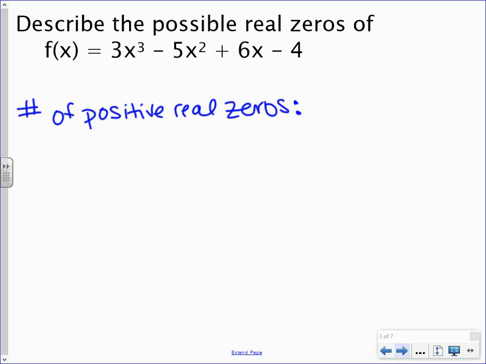So our first term is positive, our second term is negative, third term is positive, fourth term is negative. How many times do we change signs? We change 3. We go from positive to negative, negative to positive, positive to negative. But are we guaranteed to have 3 positive zeros? We could have 3, or we could have 1. We have to subtract 2. So we could have 3, or we could have 1.